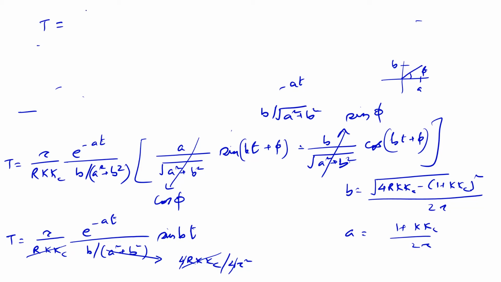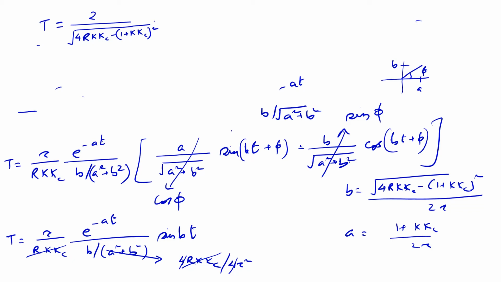t is equal to 2 divided by square root 4 r k kc minus 1 plus k kc whole square.